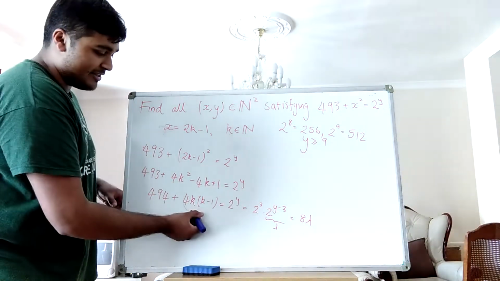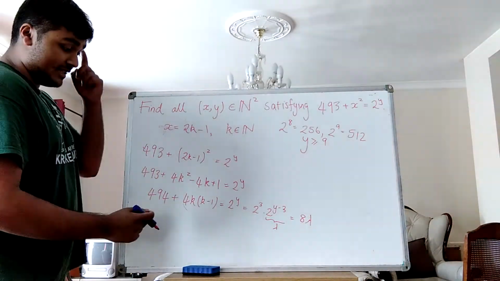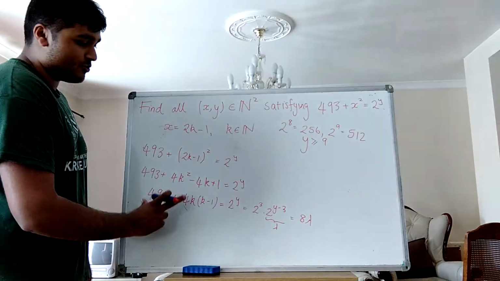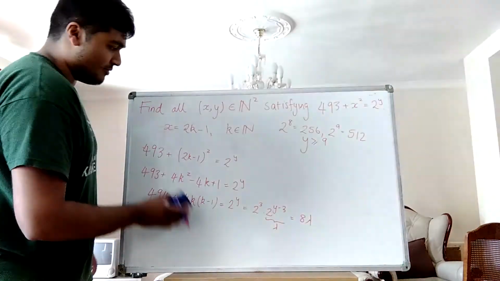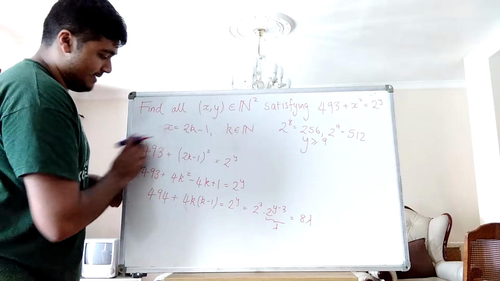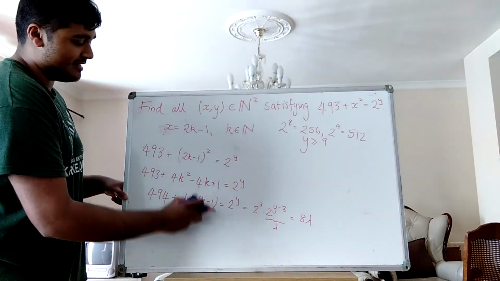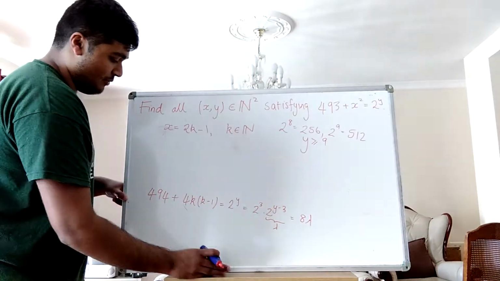Now, I'm going to bring this 4k times (k minus 1) to the other side. So I get 494 equals 8 lambda minus 4k times (k minus 1). So 8 lambda minus 4k times (k minus 1) equals 494.